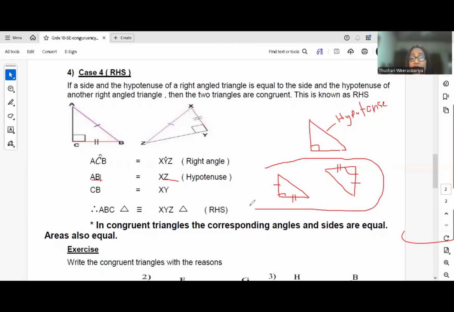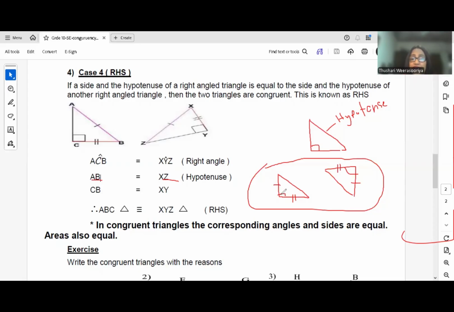The case is important. This is AAS, not RHS. Most of the children think that when you see a right angle triangle, they give RHS. That's wrong. In the exam also, they give this question more often, because the children make mistakes on this.